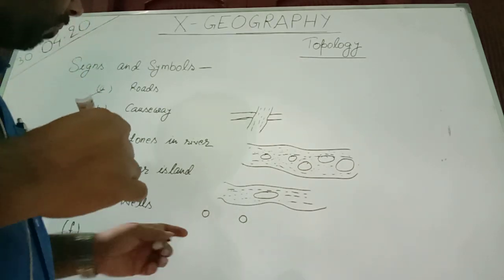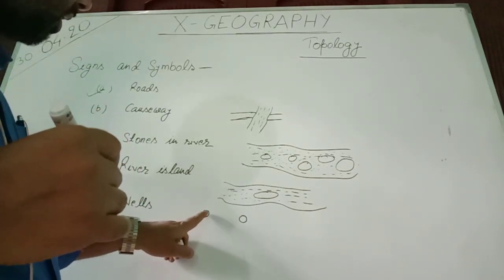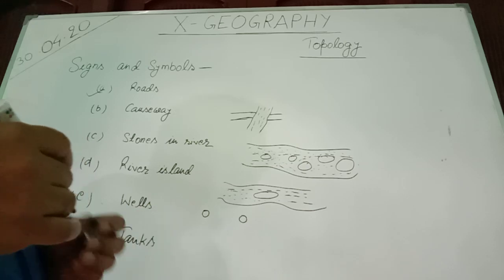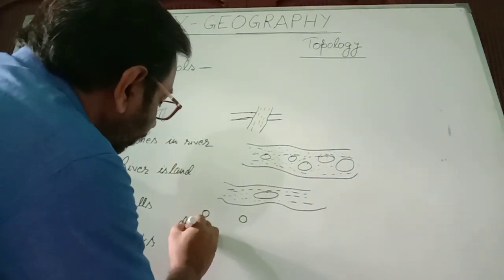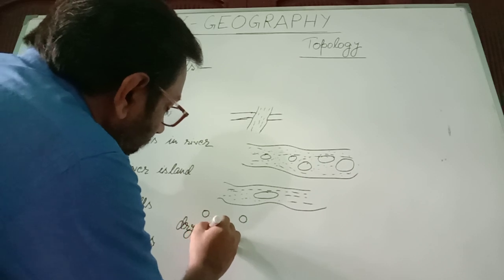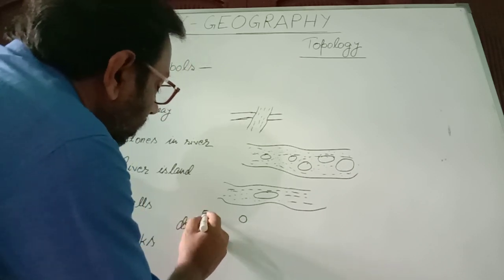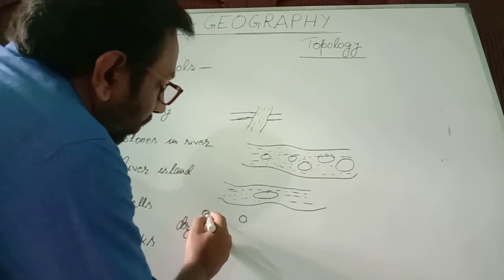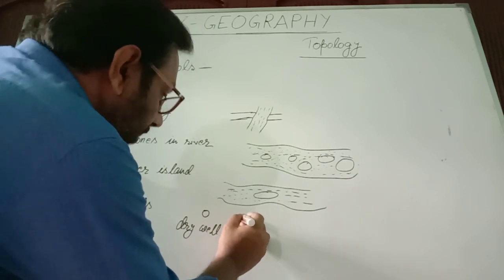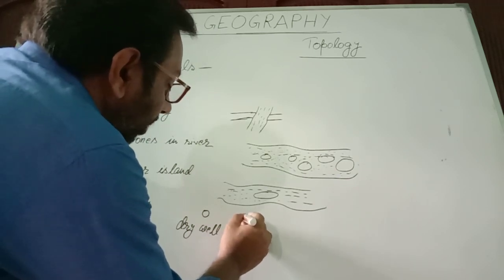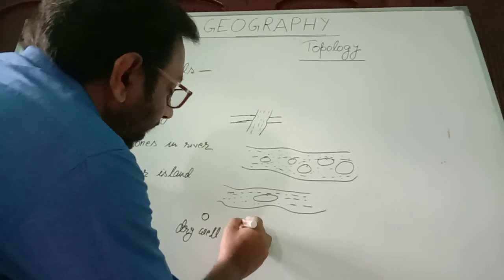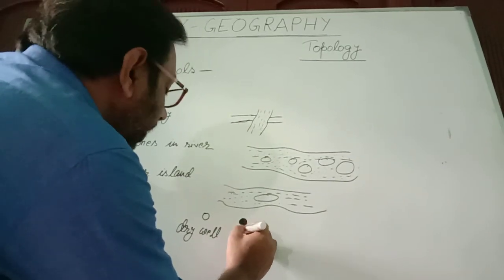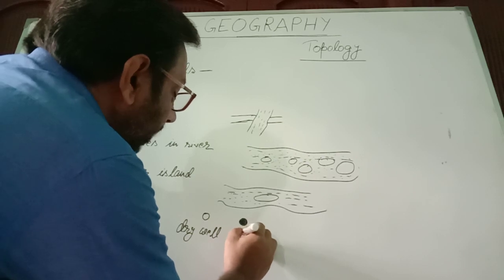When this circle is not shaded in blue color, then that is the dry well. But if this circle is shaded in blue color, then that is called the perennial well.